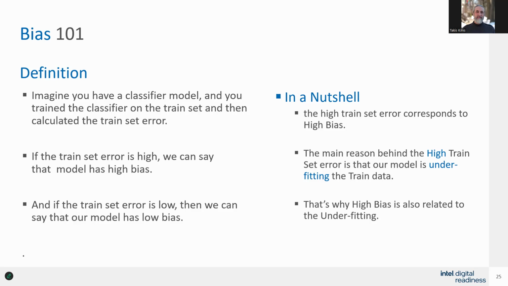And if the train set error is low, then we can say it has low bias. So in a nutshell, the high train error corresponds to high bias. The main reason for a high train set error is that our model is underfitting the training data. That's why high bias is also related to underfitting.